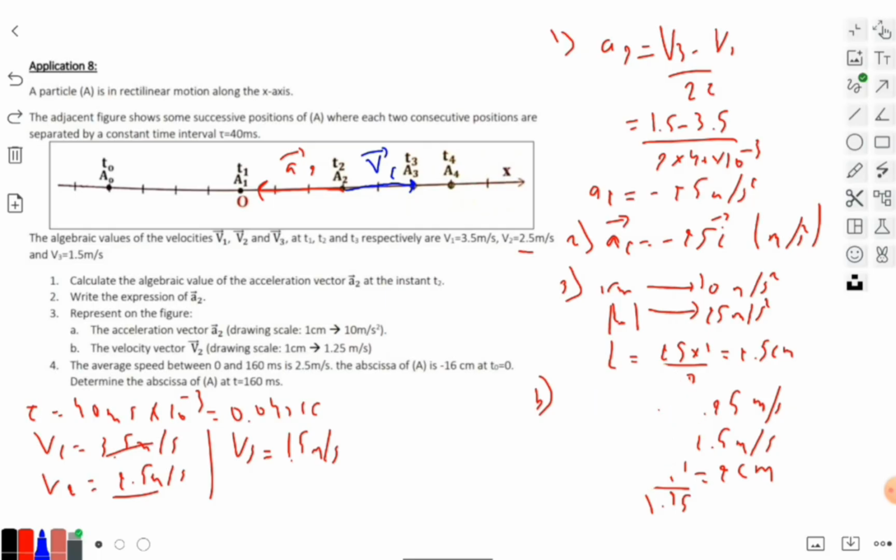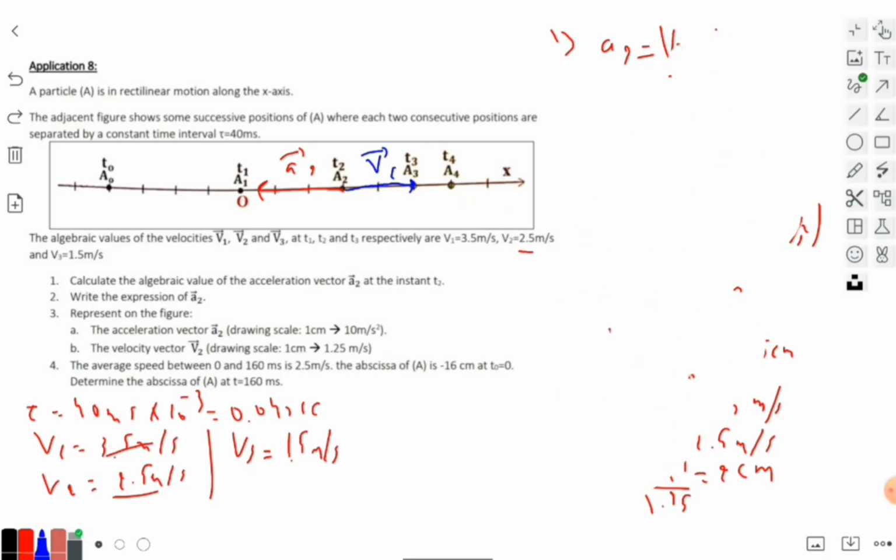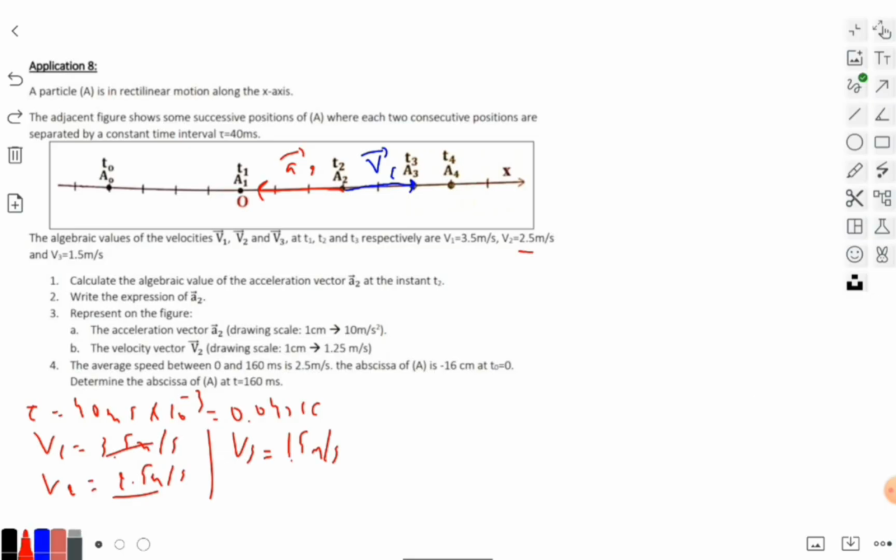Part 4. The average speed between 0 and 160 milliseconds is 2.5 meters per second.